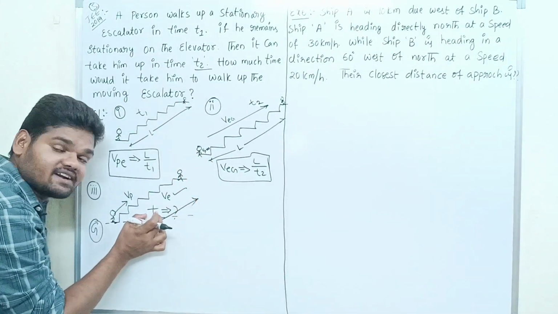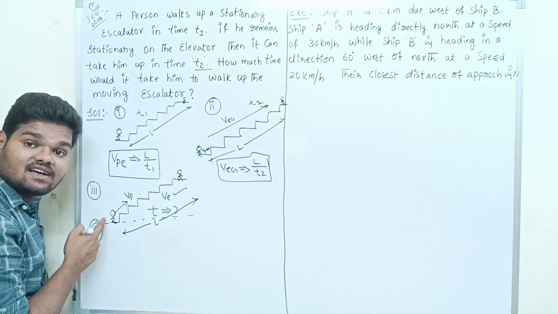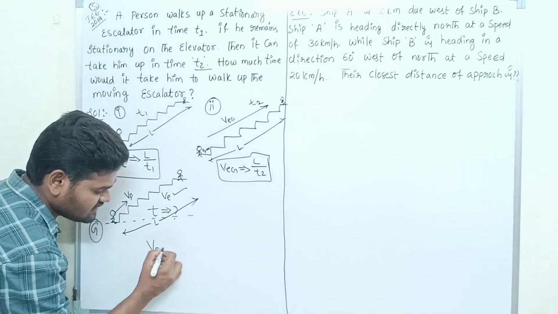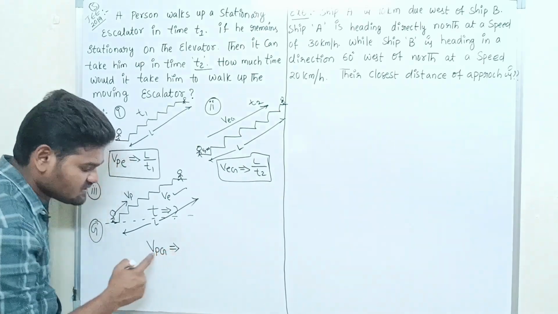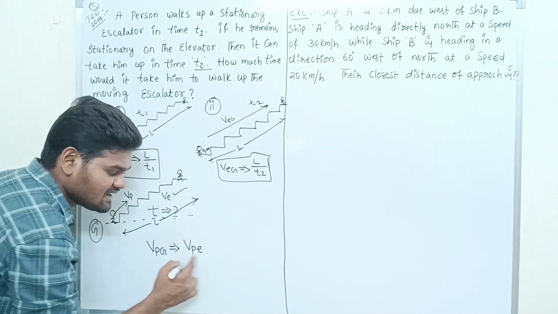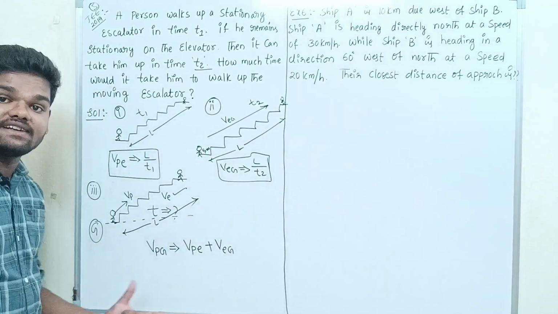If you want to find the time t, you have to find the velocity of this person with respect to ground. That is equal to the velocity of the person with respect to the escalator plus the velocity of the escalator with respect to ground. That is your answer.